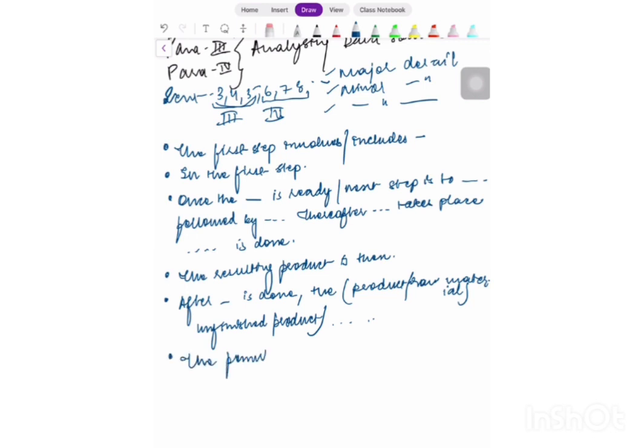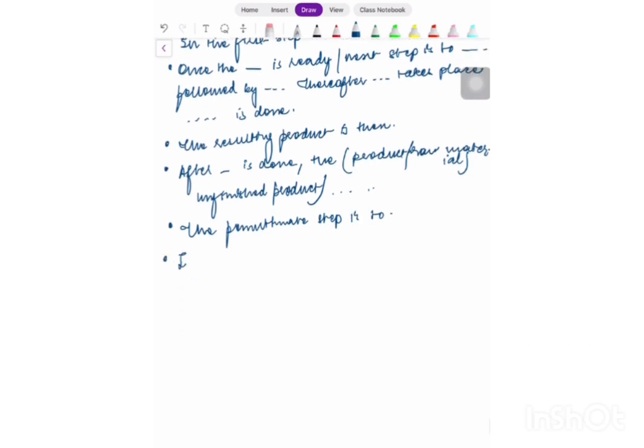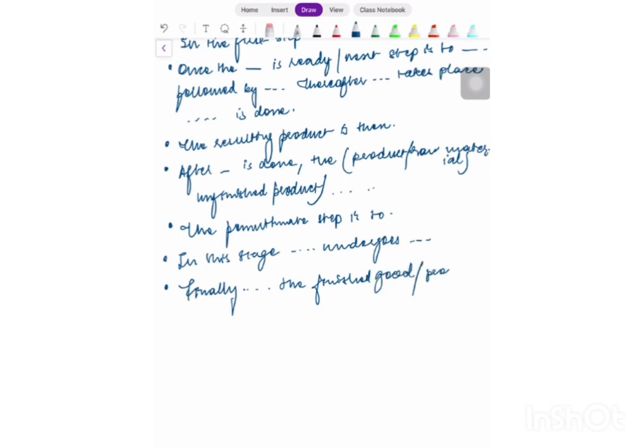The penultimate step is to, in this stage undergoes, finally the finished good or product is.